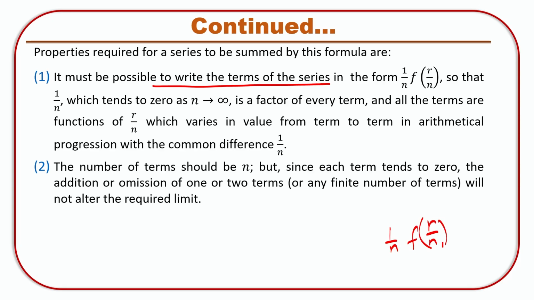So 1 by n, which tends to 0 as n tends to infinity, is a factor of every term, and all the terms are functions of r by n, which varies from term to term in arithmetical progression with the common difference 1 by n, that is h. The number of terms should be n, but since each term tends to 0, the addition or omission of one or two terms, or any finite number of terms, will not alter the final result.